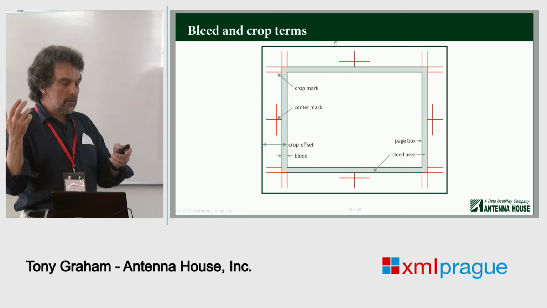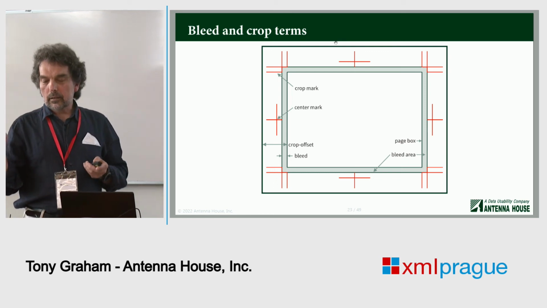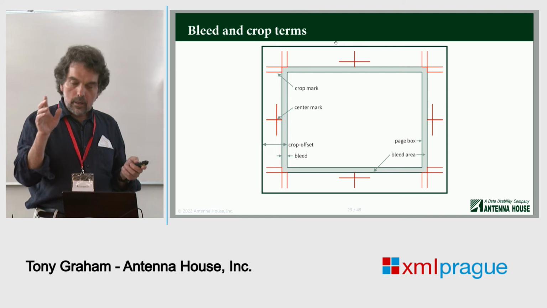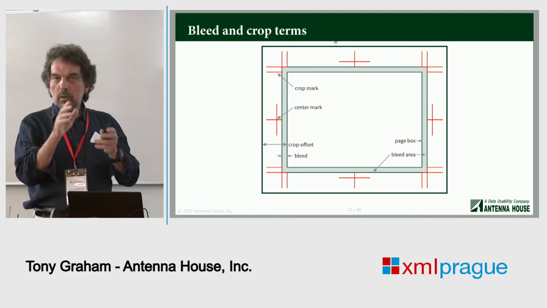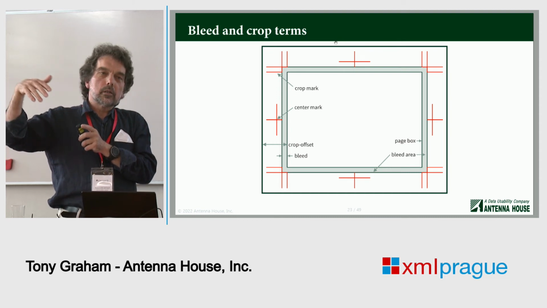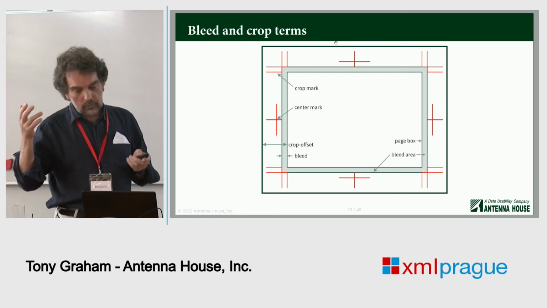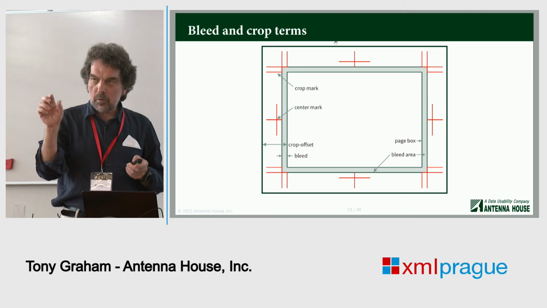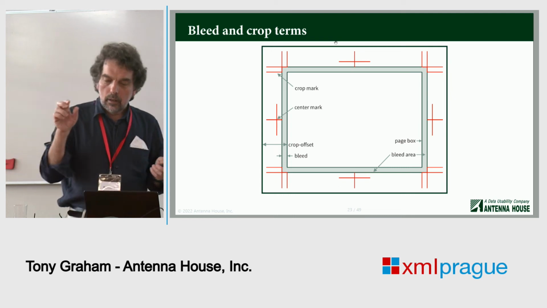There can be inaccuracies in the folding and the cutting. So sometimes you want content to bleed off the edge of the page to account for any possible inaccuracies in the cutting.